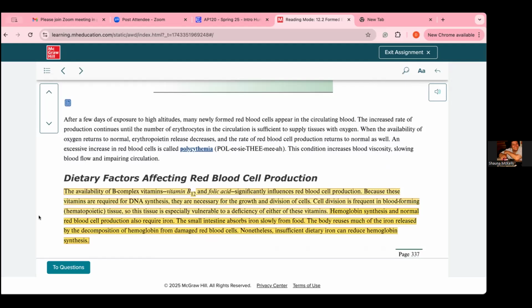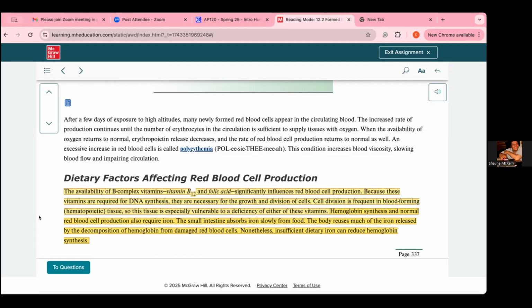After a few days, polycythemia. The availability of B complex vitamins, B12 and folic acid, significantly influences blood cell production.